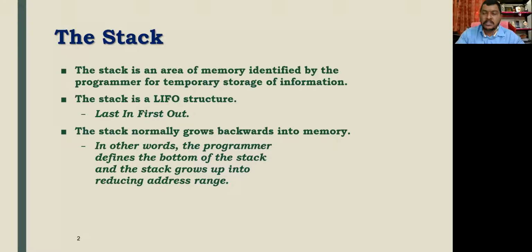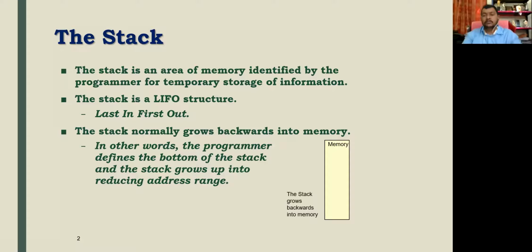So memory is something where we are going to load, store the data or the content. The stack grows backwards into memory. तो यहाँ नीचे से ऊपर जाते हैं and this is called as the bottom of the stack, and similarly it goes on. So as you put on the data, it will go upwards, right? The stack is like that.